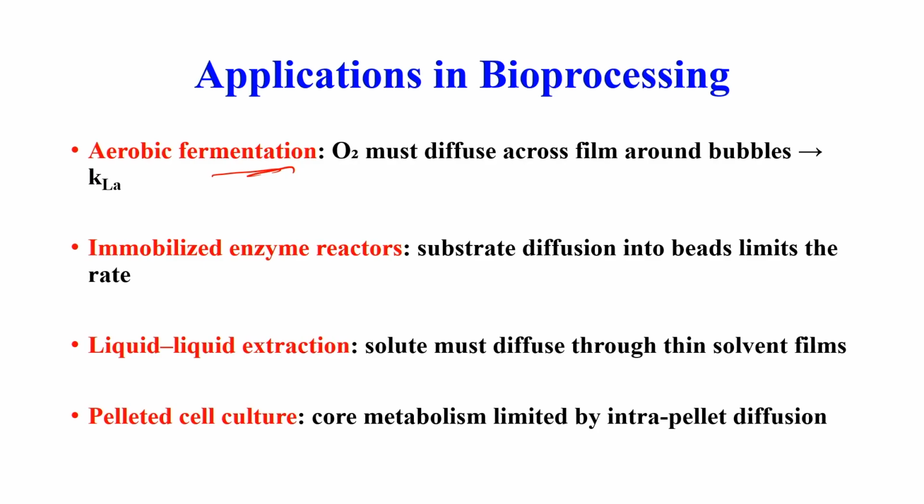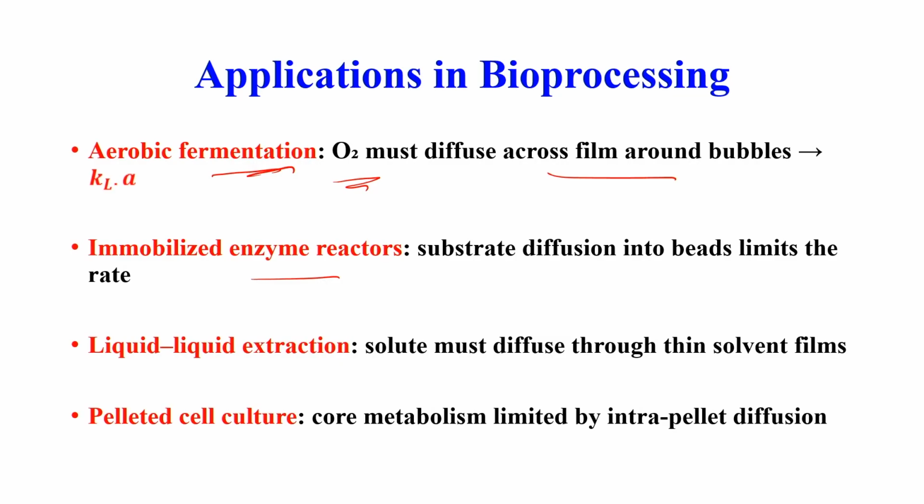And what are the applications of mass transfer in bioprocessing, particularly in aerobic fermentation? It requires oxygen, and oxygen is coming in the gaseous form, and the gas is formed in the form of bubbles, and from the bubble it should go to the cells. Next is the immobilized enzyme reactors.